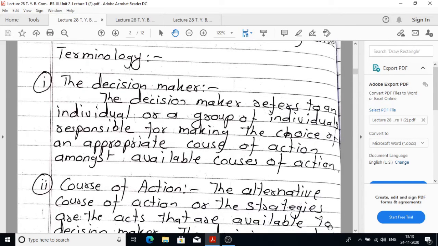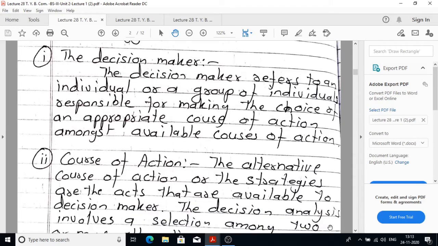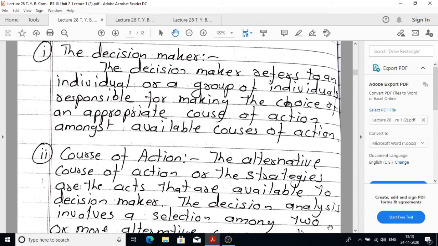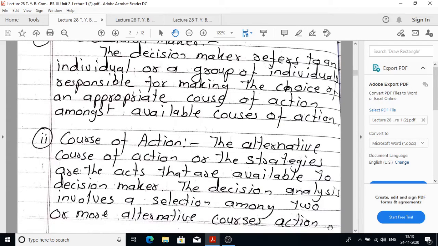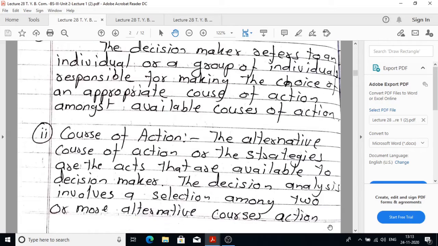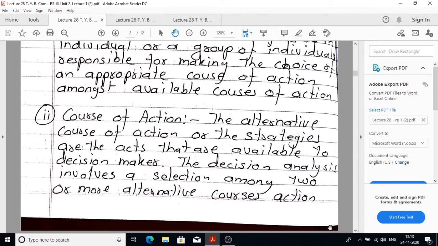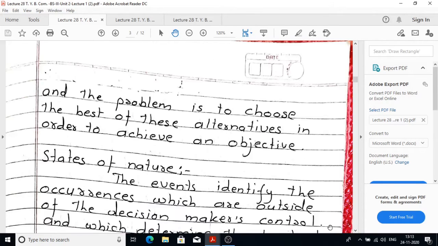The alternative courses of action or the strategies are the acts that are available to the decision maker. The decision analysis involves a selection amongst two or more alternative courses of action and the problem is to choose the best of these alternatives in order to achieve an objective.